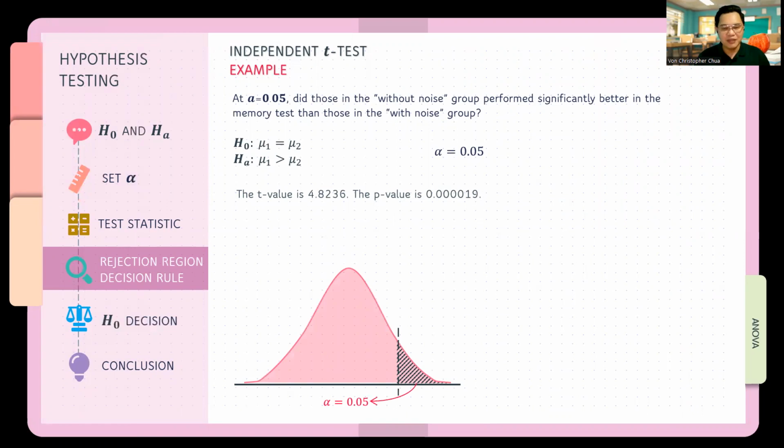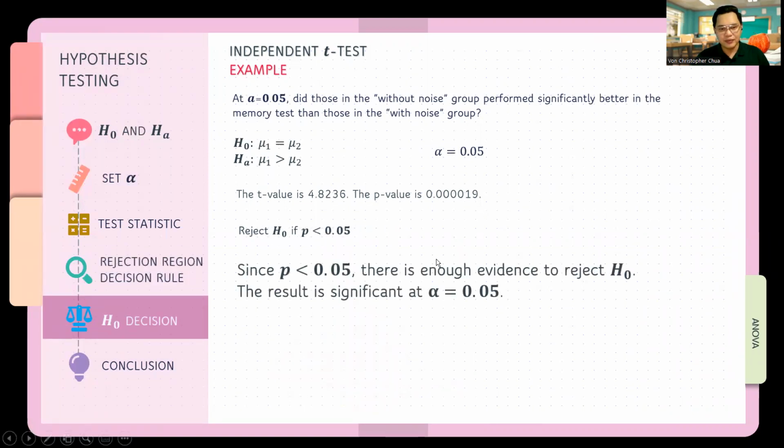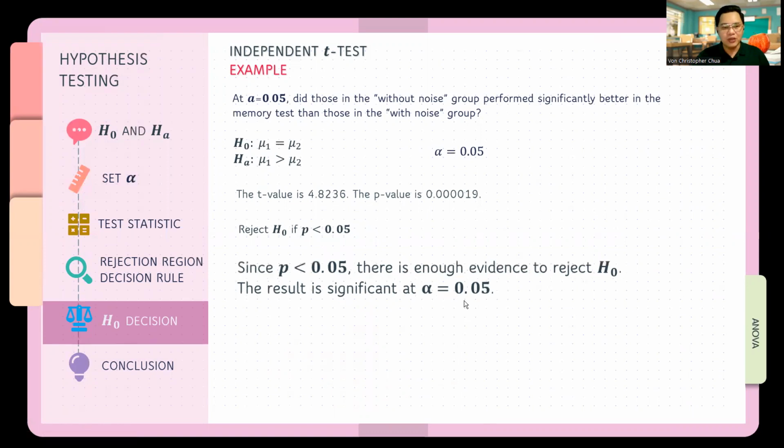But since we're using the p-value method, we will refer to the value of alpha, which is 0.05, and try to see how the calculated p-value compares with the value of alpha. So we will reject the null hypothesis if the p-value is less than 0.05. Now, since it happens that the p-value is in fact less than 0.05, we say that there is enough evidence to reject the null hypothesis and that the result is significant at alpha equals 0.05.